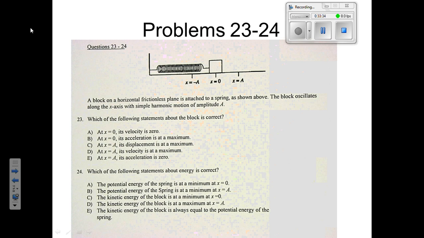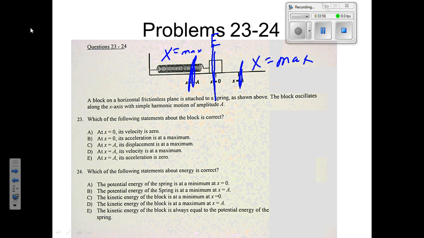So let's look. Right here, this is equilibrium, right? So at here, that's where x is out of whack. X is at a max. Over here, x would be at a max.